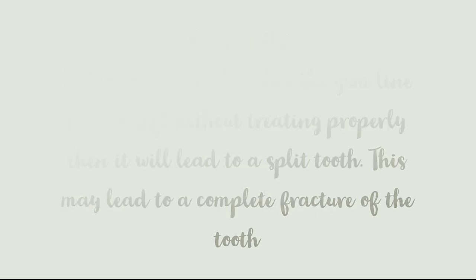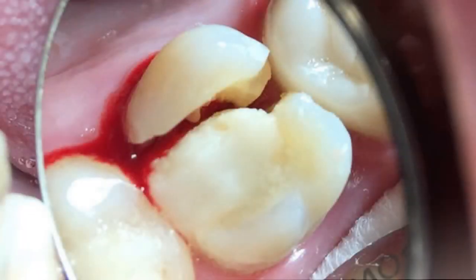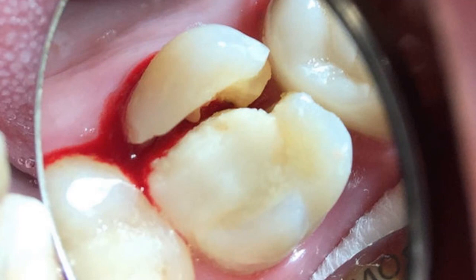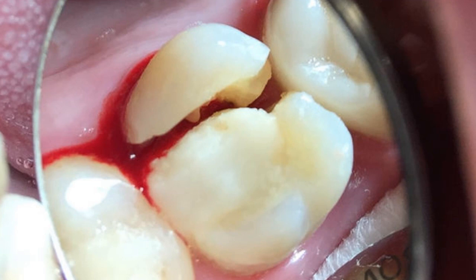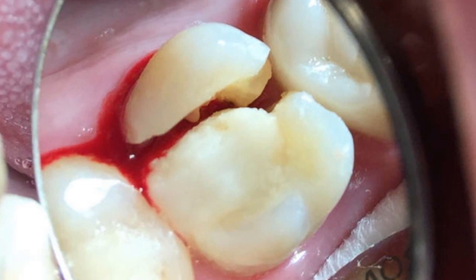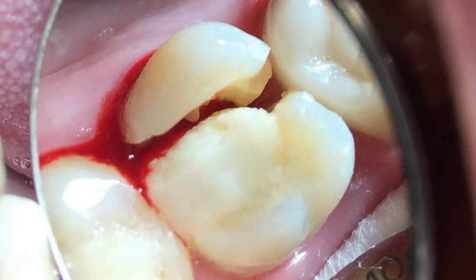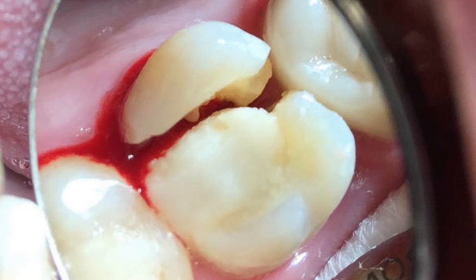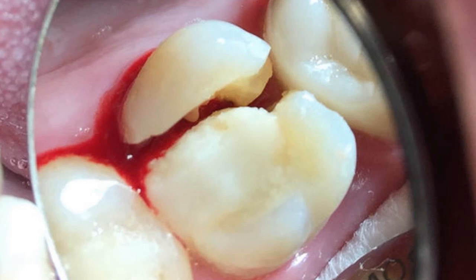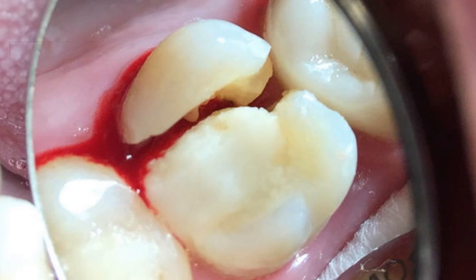As you can see in the picture, this is split tooth because the fracture is more extensive than the cracked tooth. If the cracked tooth is left untreated, this will result in split tooth. In this case, as you can see, there's bleeding. So extraction, of course, is the treatment as well because it is hopeless as well.